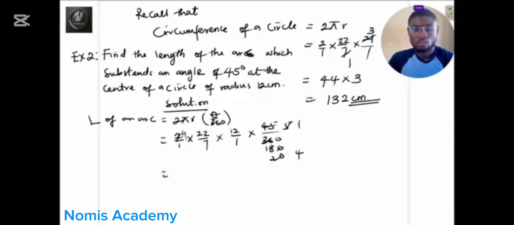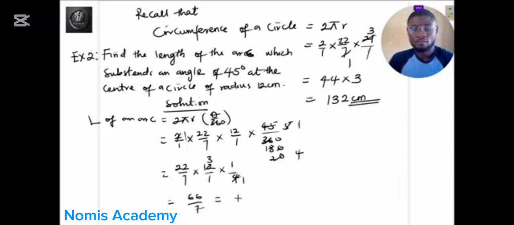We are left with 1 over 1 as 1. So 22 over 7 multiplied by 12 over 1 multiplied by 1 over 4. So I can further divide by saying 4 here 1, 4 here 3. So I'm left with 22 times 3 is 66 divided by 7.